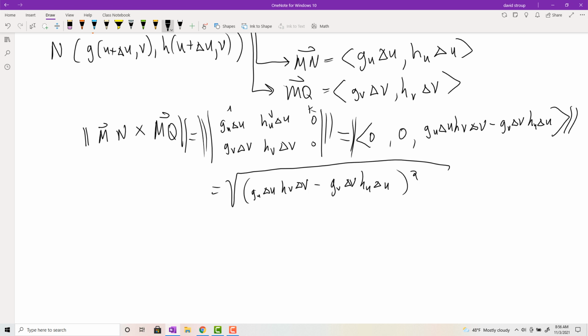You get rid of the square, and it'll be GU HV minus GV HU times change in U, change in V, and this part here is the Jacobian. Okay.